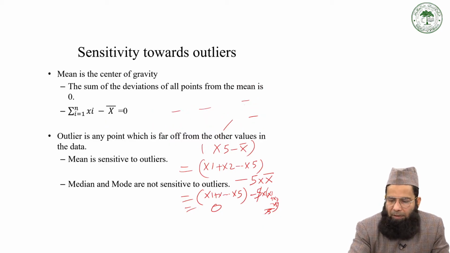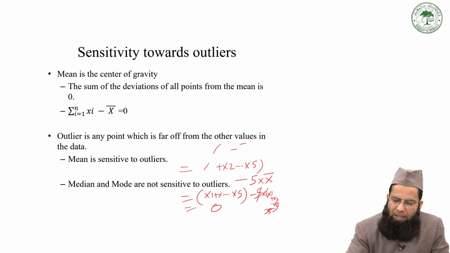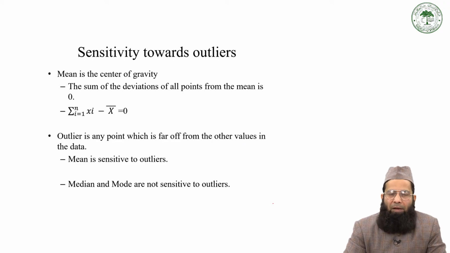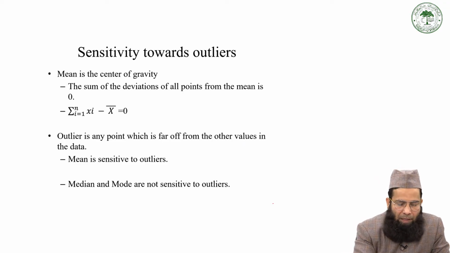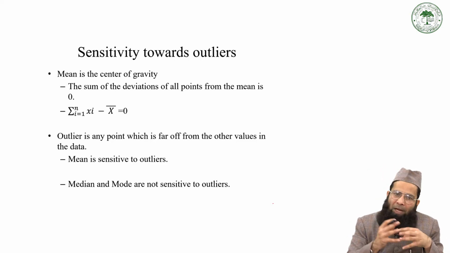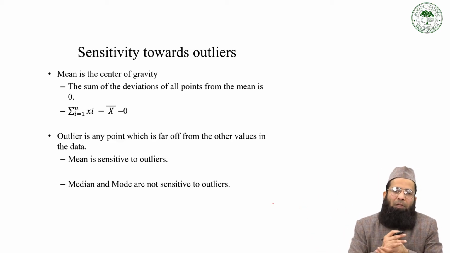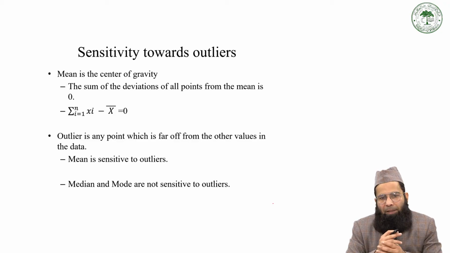You can observe it: suppose you have calculated the mean, and suddenly a very high value comes in. Your mean will change, because you are summing all the values and dividing by n.